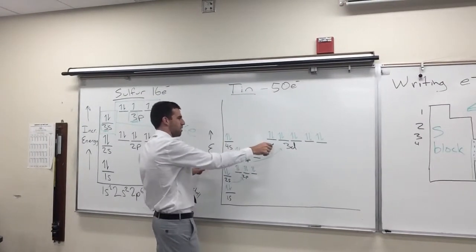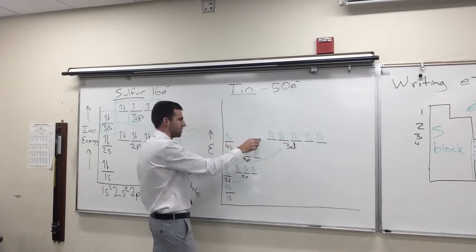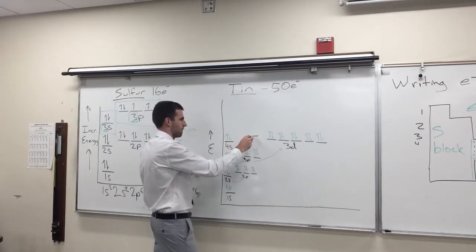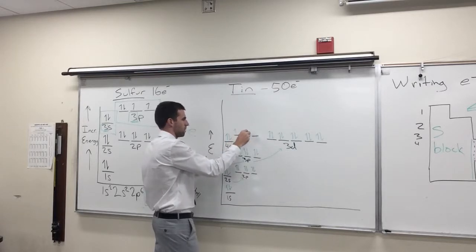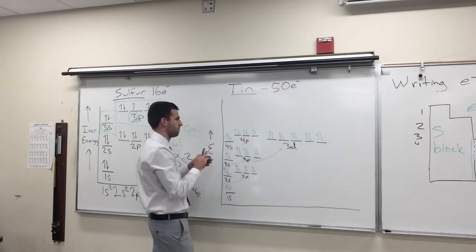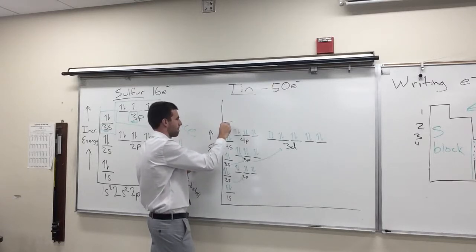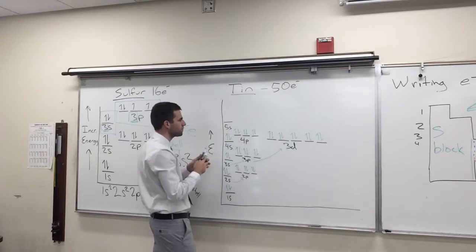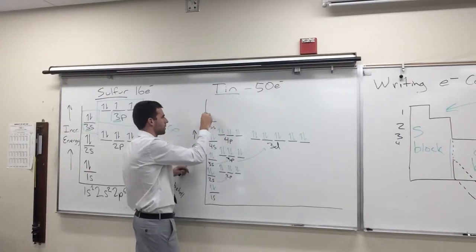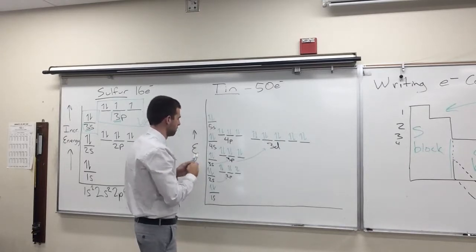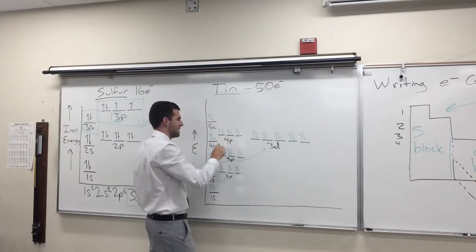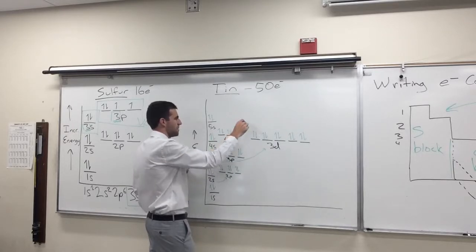Okay? So now we did 3d. Now what do we do? What's the next highest energy? 4 what? p. 4p, right? Now what? What's next? 5s. What's after 5s? 4d, right? Here's s, p, and then d is going to be up here.